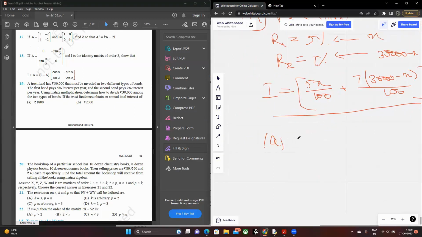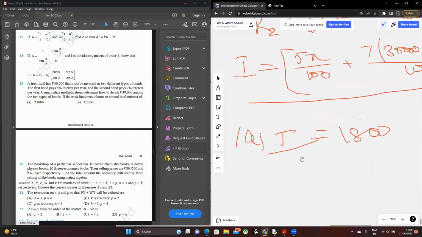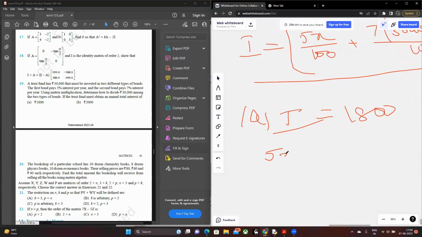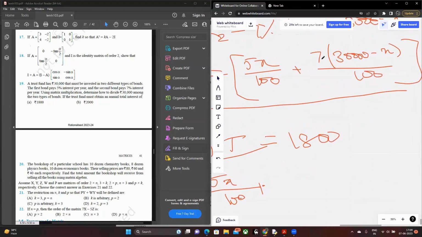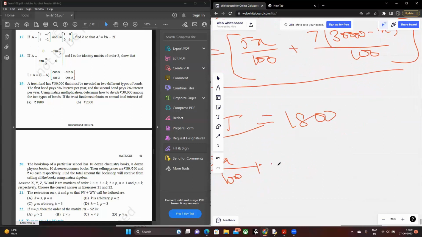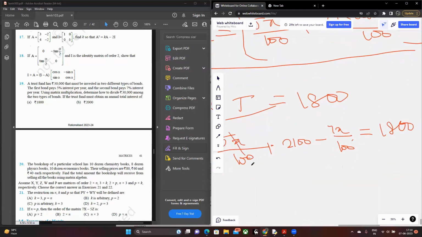In part A, I is equal to 1,800. This means that 5x by 100 plus 7 into 30,000, that's 2100, minus 7x by 100 is going to be equal to 1,800. So we have 2x by 100 left.